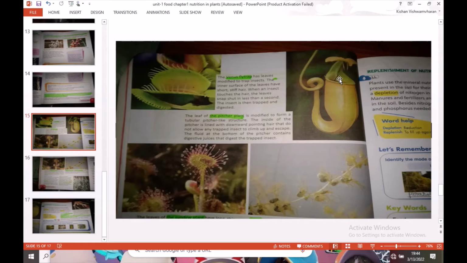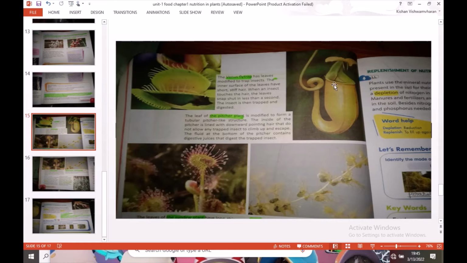The insect will try to go there but can't, so it jumps inside the plant. After it jumps, or if it does not jump, the trap will snap shut.